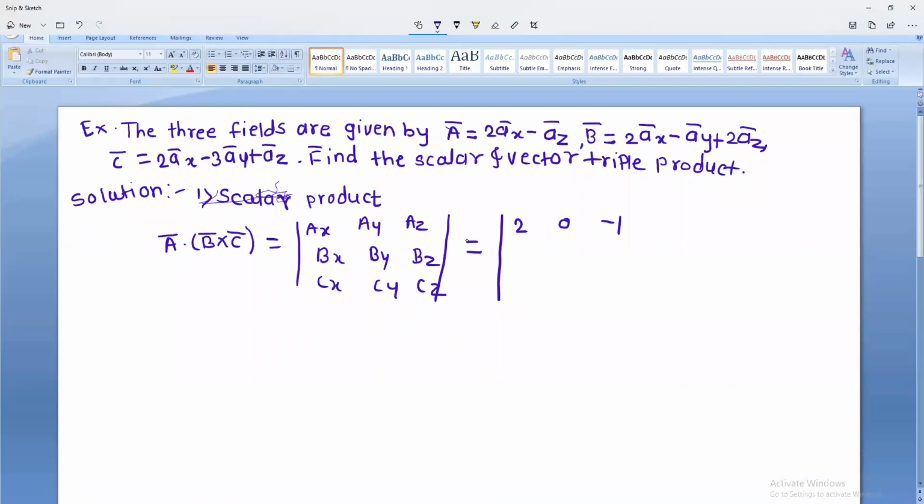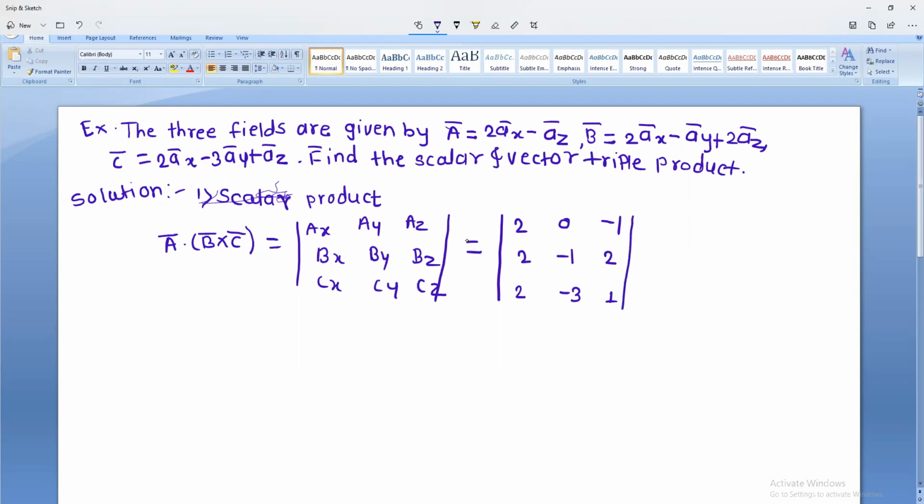Then in B bar vector, BX is equal to 2, BY is minus 1 and BZ is 2. And in C bar vector, CX is equal to 2, CY is minus 3 and CZ is 1.